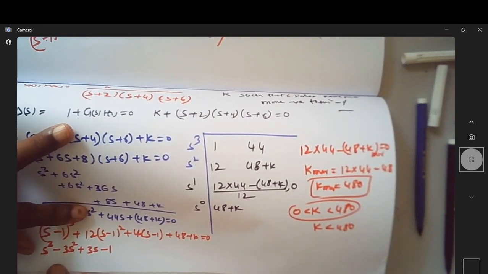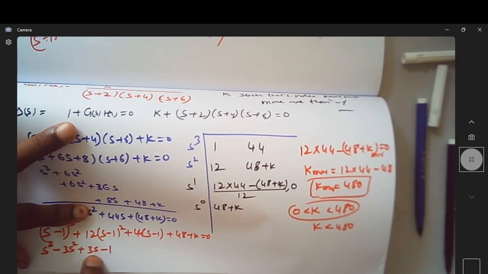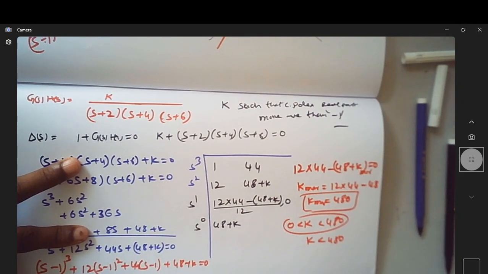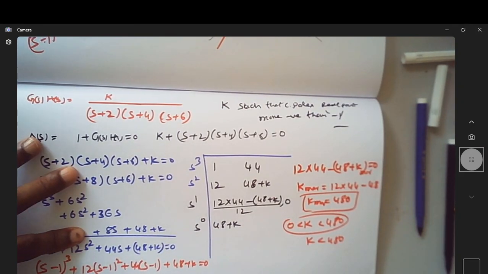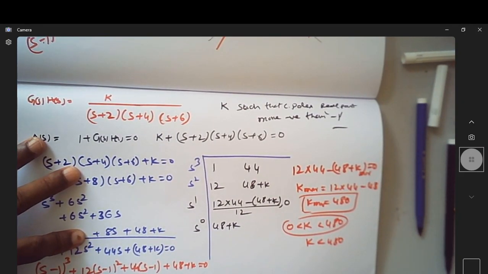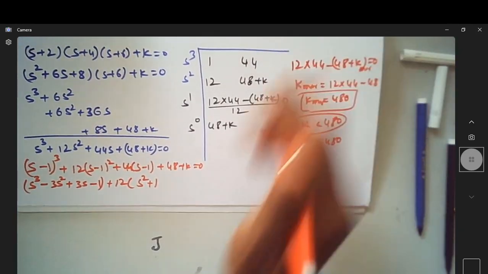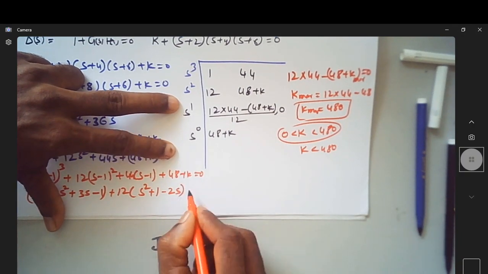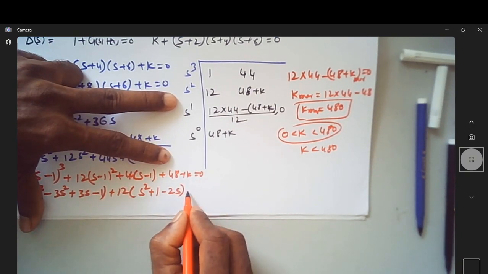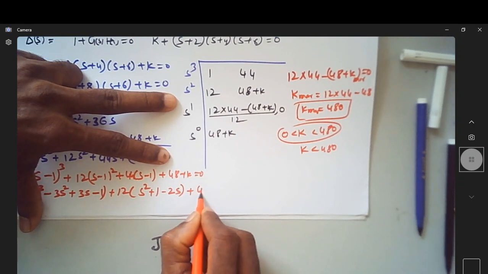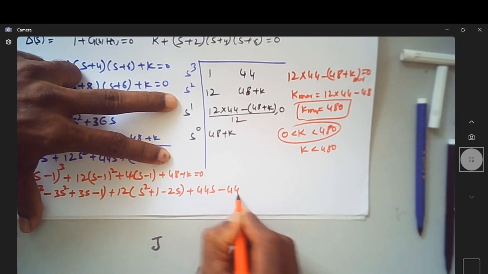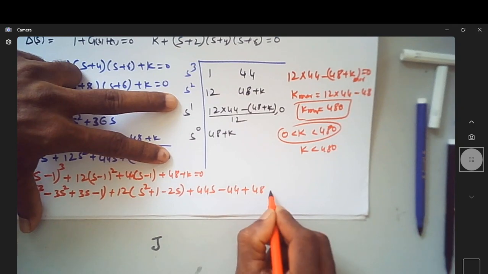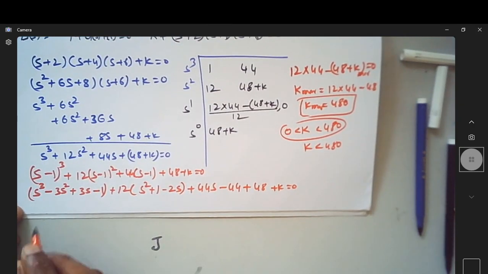So you have s cube minus 3s square plus 3s minus 1. Then it is 12 into (s square plus 1 minus 2s), then 44s minus 44 plus 48 plus k equal to 0.